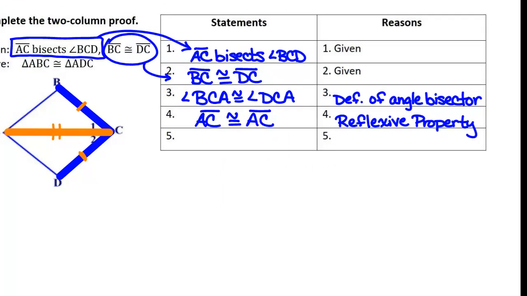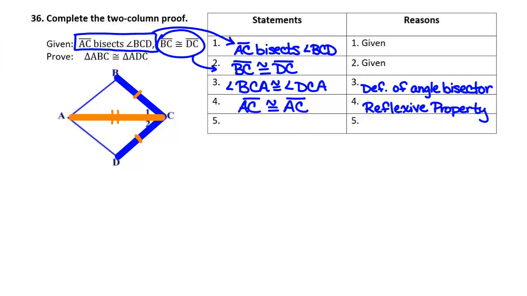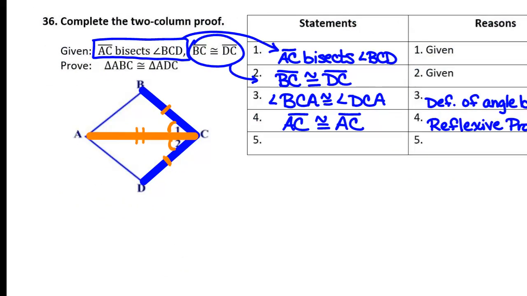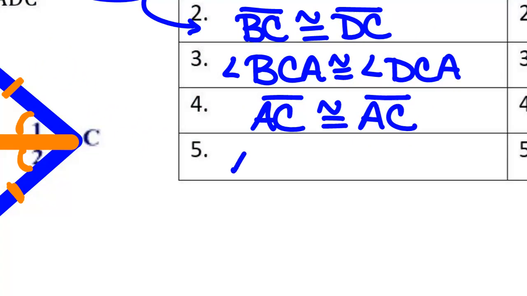All right, let's look at these 2 triangles. Triangle ABC and triangle ADC. They are congruent to each other using which postulate? SAS, side angle side, yes.